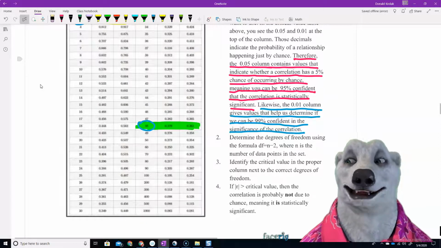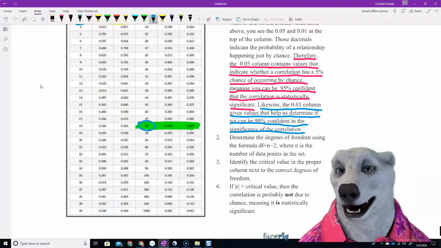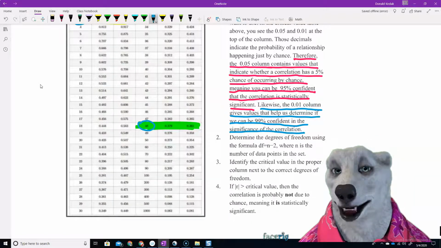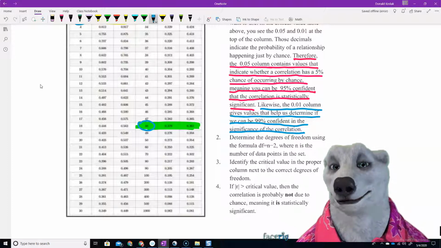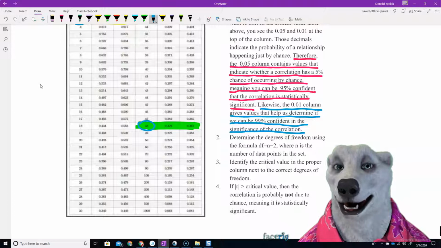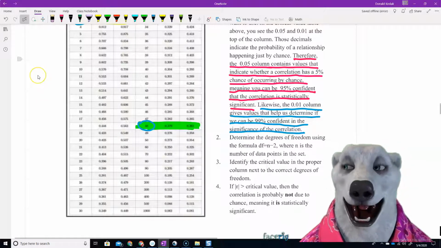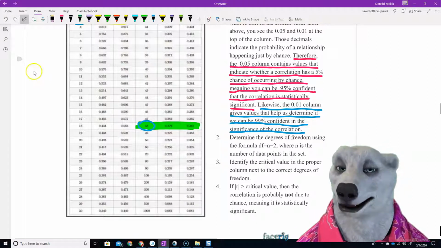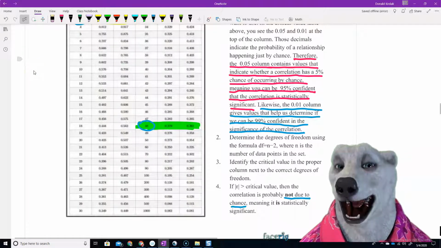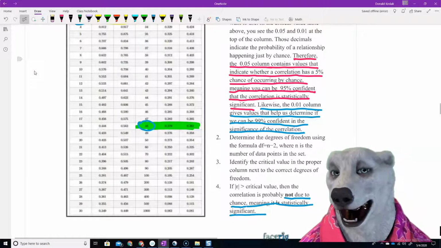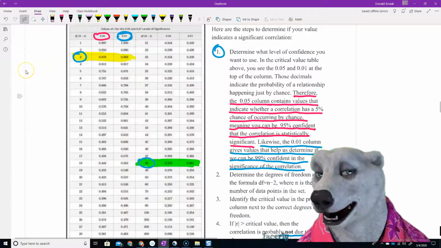Let's say that we want to be 95% confident. So we're going to take our R value, take its absolute value, and see if it is greater than the critical value for our degrees of freedom. If it is, then we know that what we're looking at is not due to chance, meaning it's statistically significant. It didn't happen randomly.